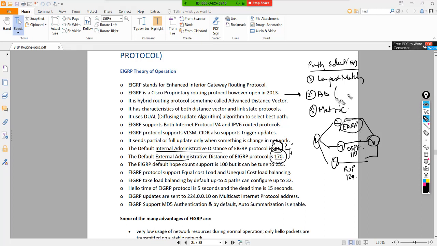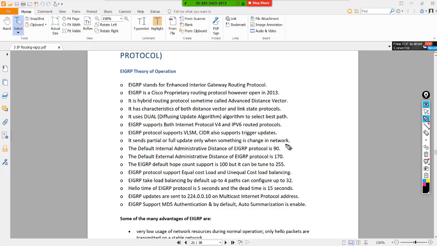So always the lowest will win the election. The lowest is going to get preferred. So in this case, it's EIGRP that is taking the best path towards the destination. So that's about the AD value. Regarding the hop count, by default EIGRP supports 100, but yes, you can tune it to 255.